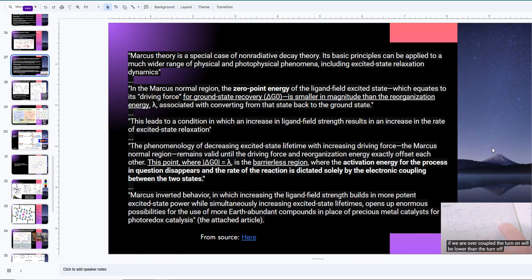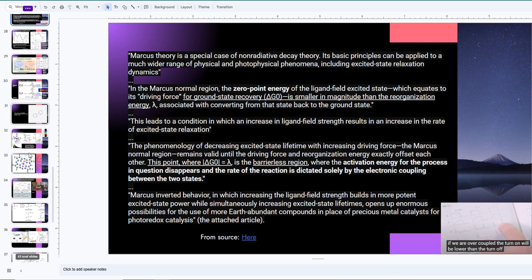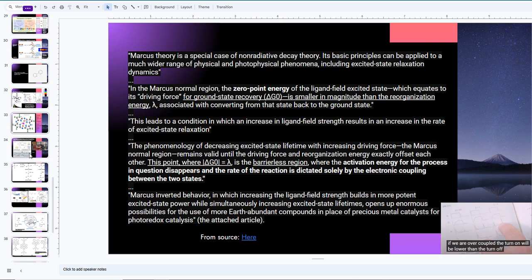So if something is at the 90-degree phase limit in cyclotron resonance as a Bose-Einstein condensate, and you know that band gap, or you know that plasma state because of its color, you know its wavelength, the ligand field strength builds in more potent excited state power while simultaneously increasing excited state lifetimes. That's an amazing statement. This isn't from me, this is from the source you can check out if you want to.